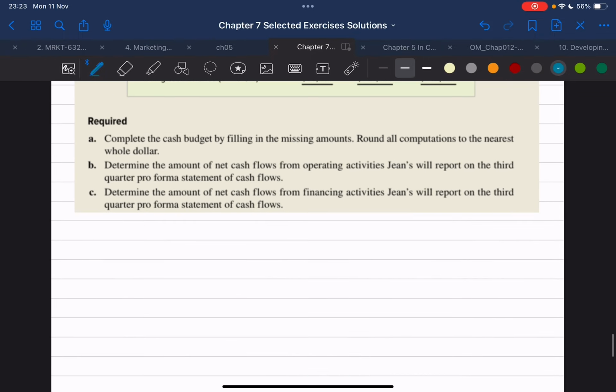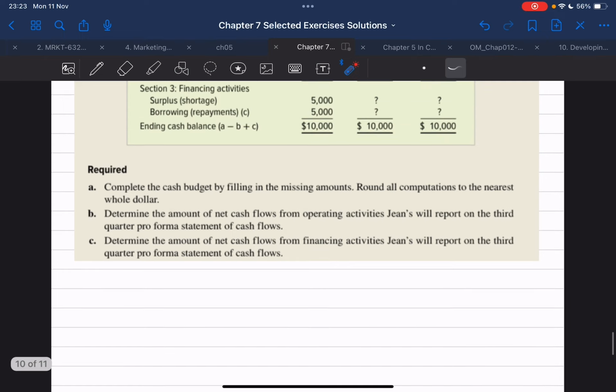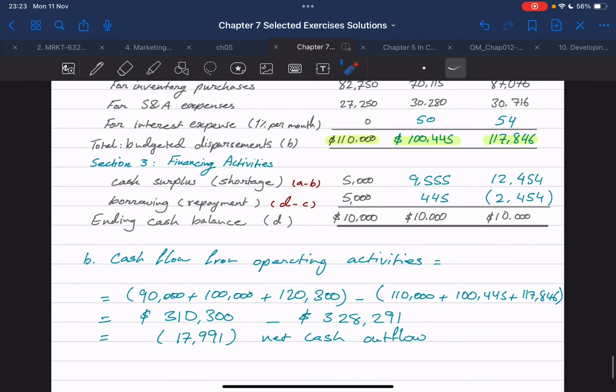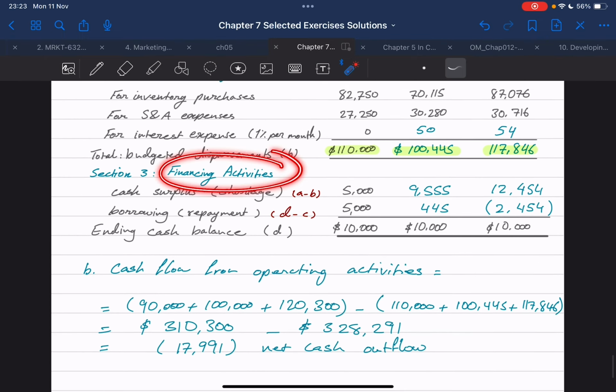All right. The last part, part C, determine the amount of net cash flows from financing activities Janes will report on the third quarter pro forma statement of cash flows. Here we have this portion right here, the financing activities section.